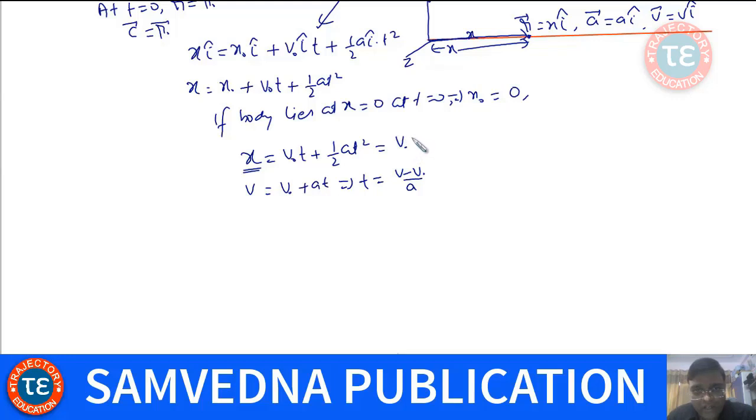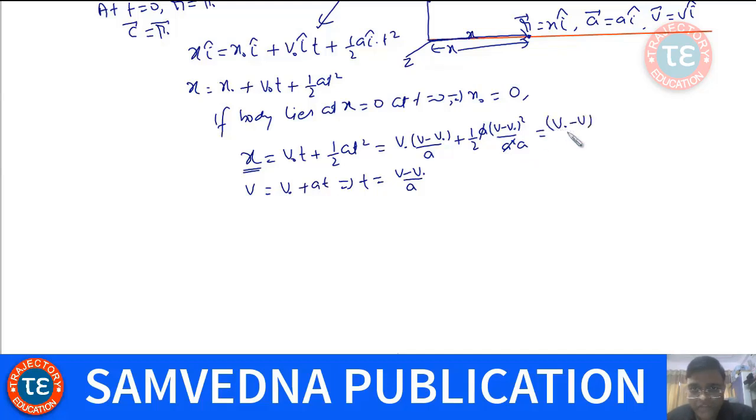So you can write it over here: v naught times v minus v naught by a plus half a times v minus v naught whole square by a square. So this will cancel out.